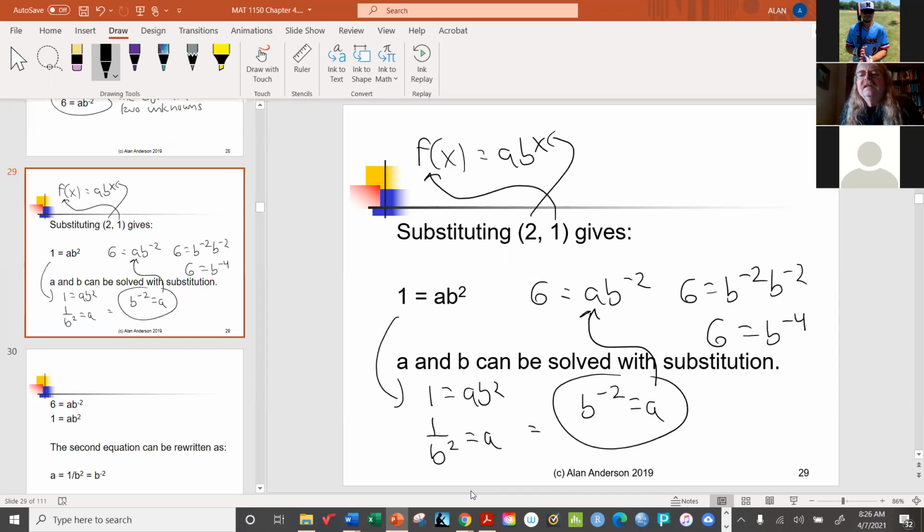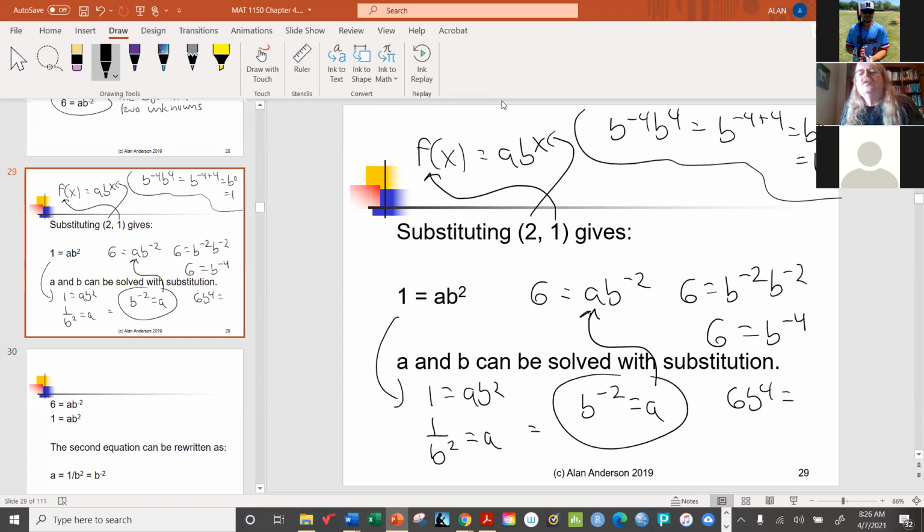And now there's a couple of things I can do. It might be easier if I multiply both sides by b to the 4th. Because if I multiply these together, I'll end up with b to the 0 power. Just a quick reminder, when you multiply 2 values together that have a common base, we can add the exponents.